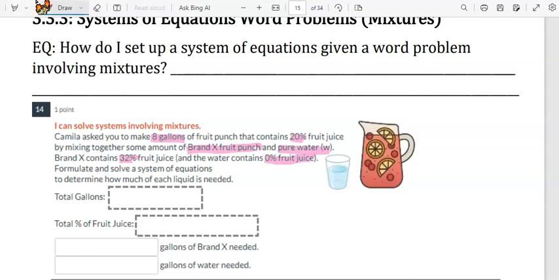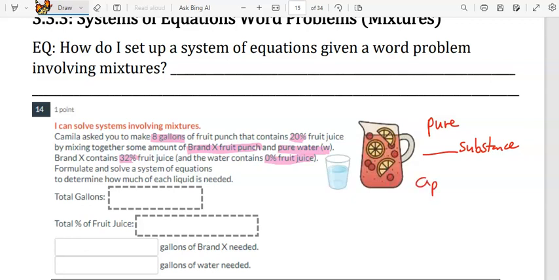So when you're dealing with mixtures, you might see pure, or you might see a specific substance. Depending on the context, that could mean either 100% or 0%.